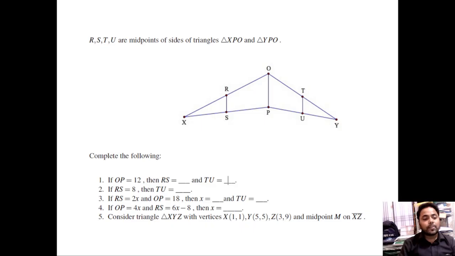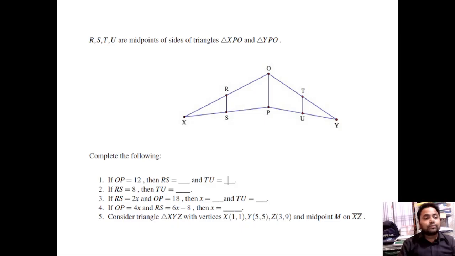Consider triangle XYZ with vertex X at 11, vertex Y at 5y, vertex Z at 39 and midpoint M on XZ. So we have to complete the following by answering, and give the solutions for all these fill in the blanks.